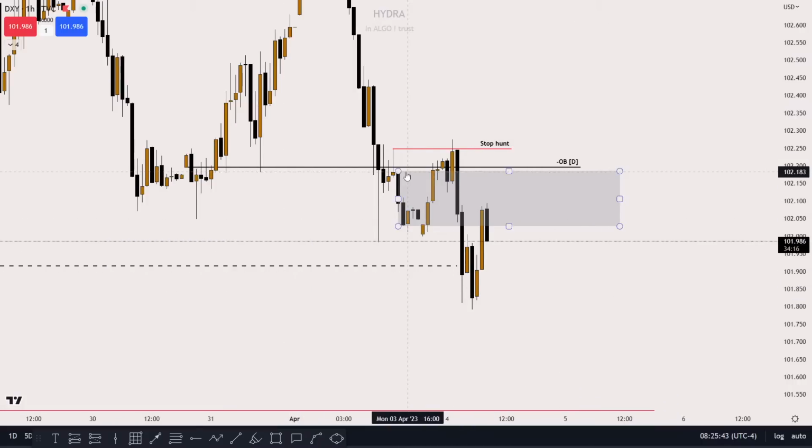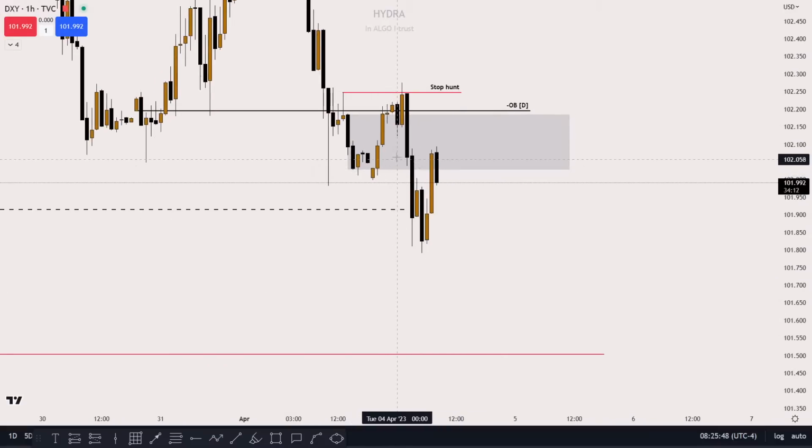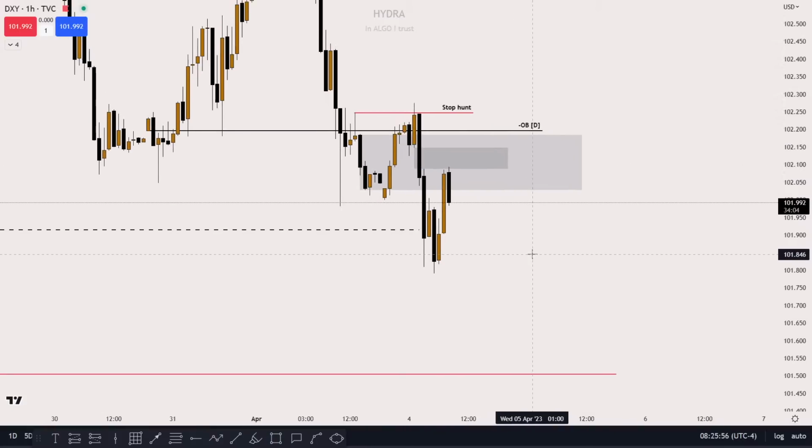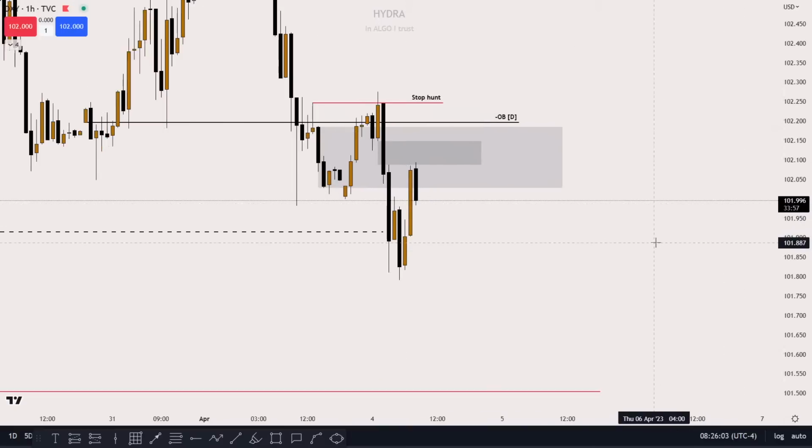Price did a stop hunt here, and these down close candles become our breaker block. And what you are seeing right now, we have a fair value gap inside this breaker block, right? Do you see I'm applying only one concept of breaker block in every analysis that I'm doing? I'm applying that to it.